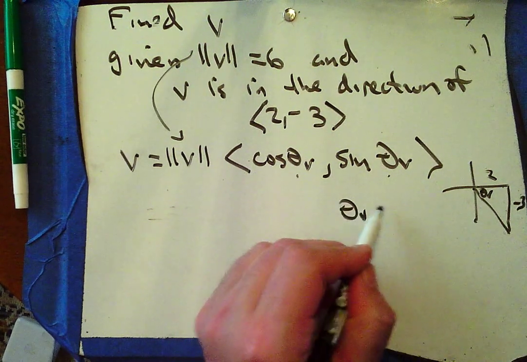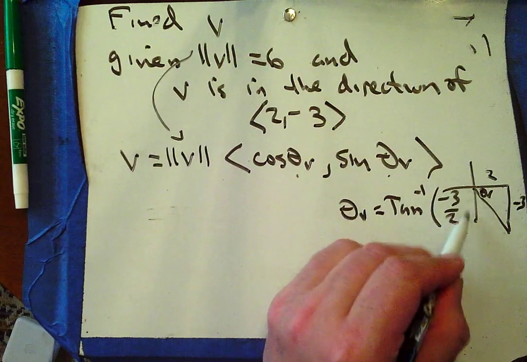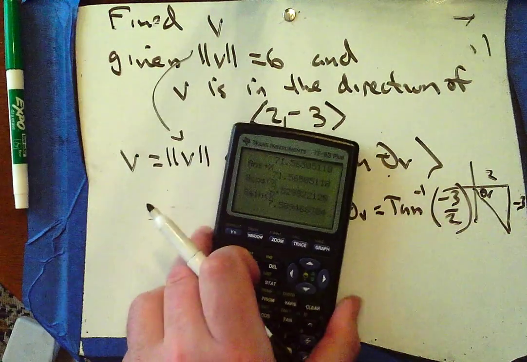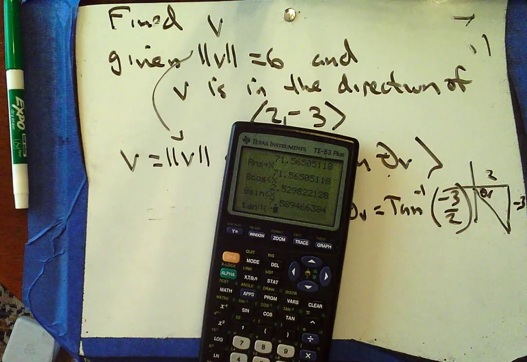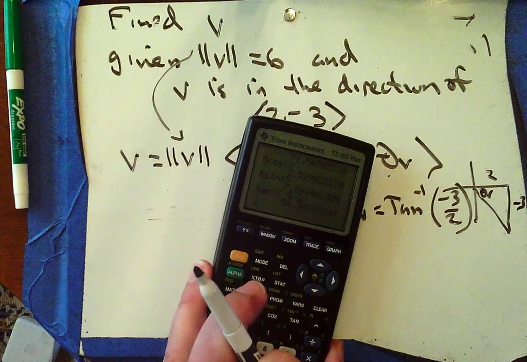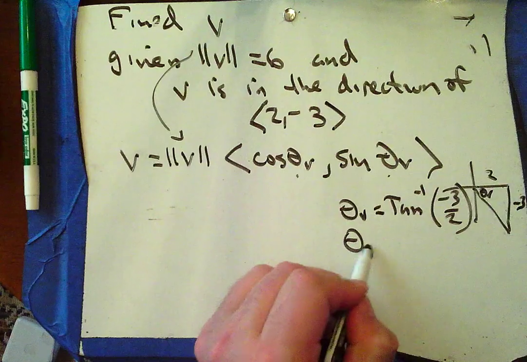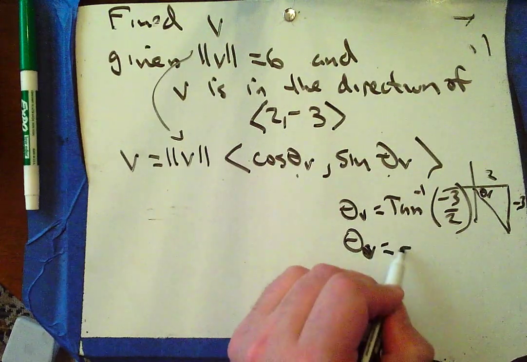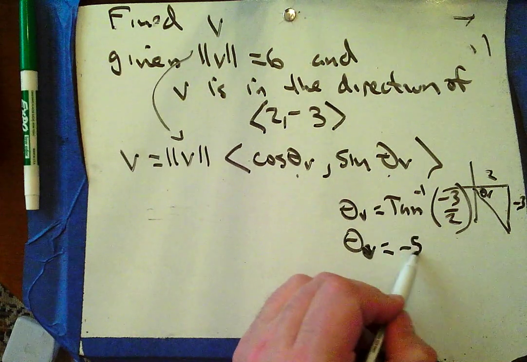So theta v is going to be the inverse tangent of negative 3 over 2. If I do inverse tangent negative 3 divided by 2, I end up with negative 56.31 degrees. Theta v equals negative 56.31.